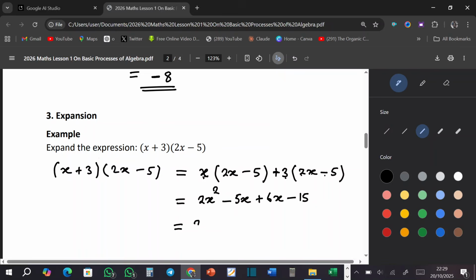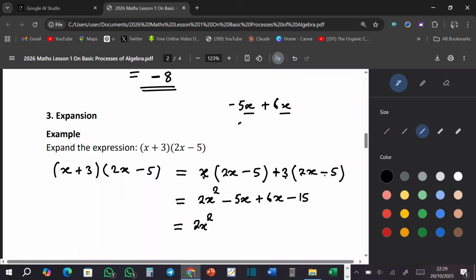If you have a letter to a power, it is not a like term. So this one is just 2x, but these two are like terms, so you can add them, like negative 5 plus 6x. You see, both have got the x there, so they are like terms. So you add them. But if you don't understand this, I always advise you swap.